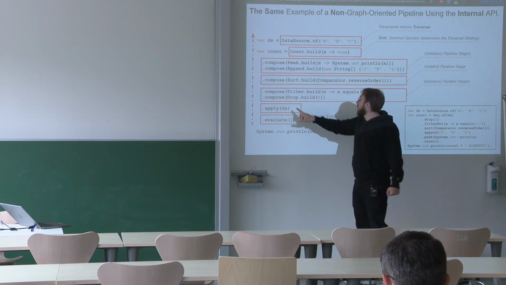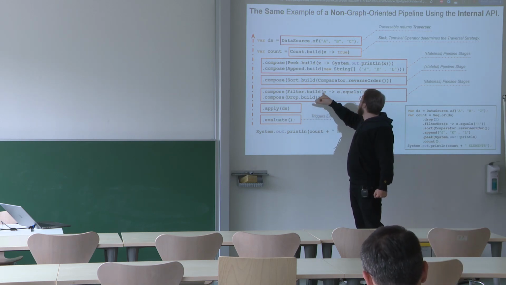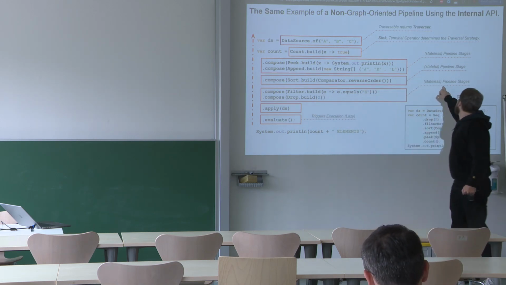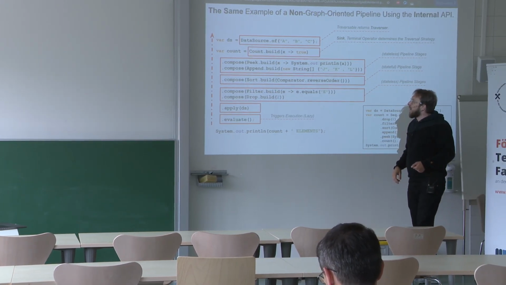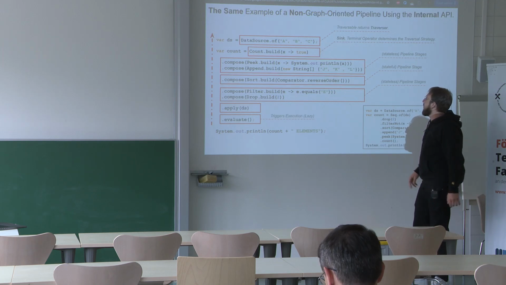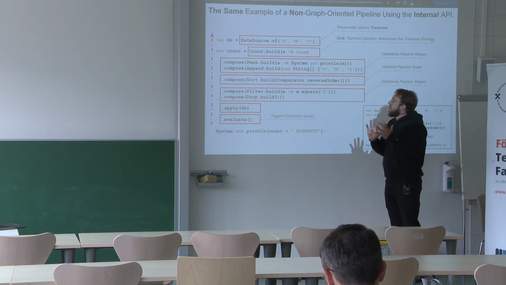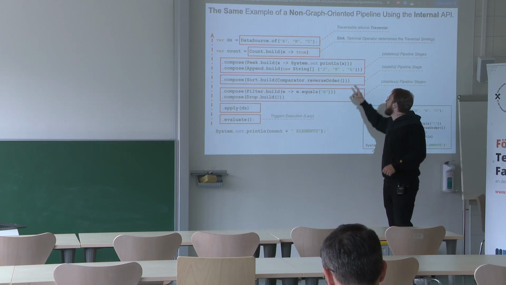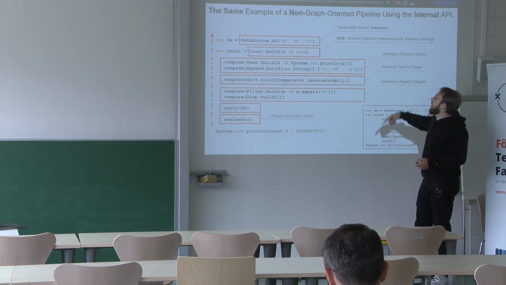So we apply this data set, we do the drops, which are both stateless pipeline stages, intermediate operators that don't have a state. There is the sort, which collects everything that gets streamed into this operator, sorts at once and starts streaming it again.